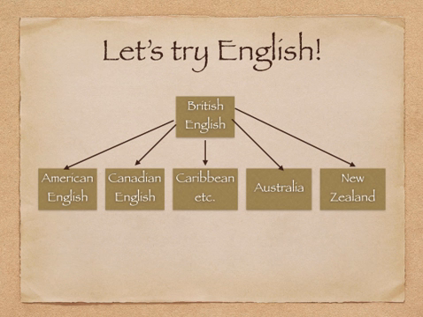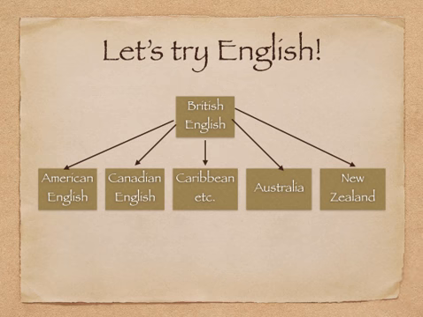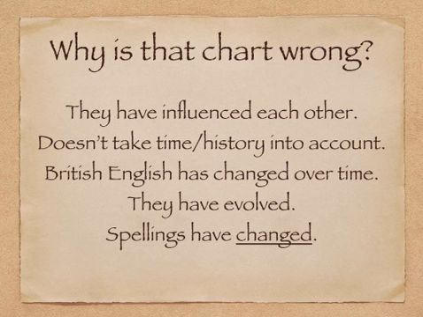British English has adopted other words. It doesn't take reality into account. It's nice and simple, and in your mind you can get a kind of snapshot of English today, but it doesn't take reality and history into account. So the chart, nice though it is, is really fundamentally flawed when it comes to reality over time. For all those reasons, it's not a good representation of reality, even though it's a good place to start.